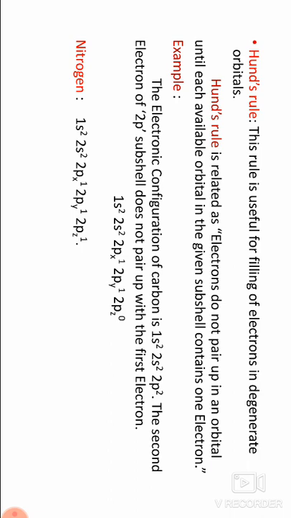Ferric iron, Fe3+, has the configuration argon 3d5, and ferrous iron, Fe2+, has the configuration argon 3d6. The 3d subshell of ferric iron is exactly half filled, hence it is more stable than ferrous iron.